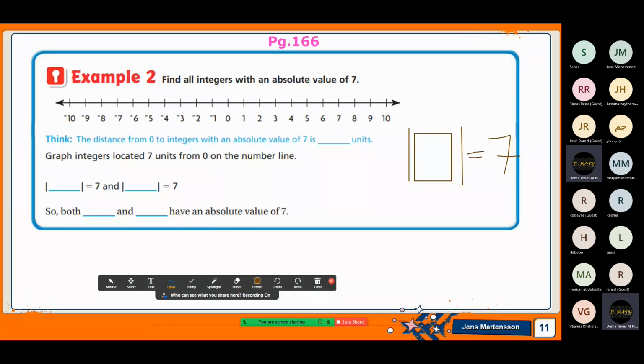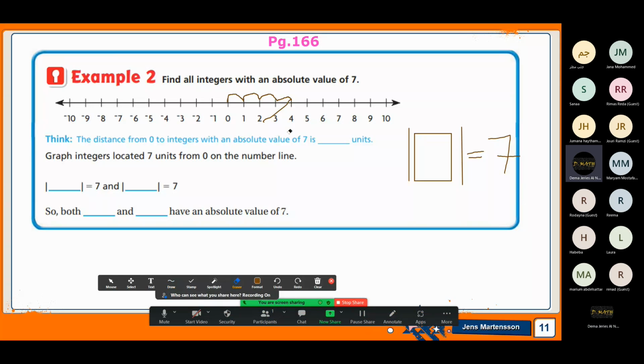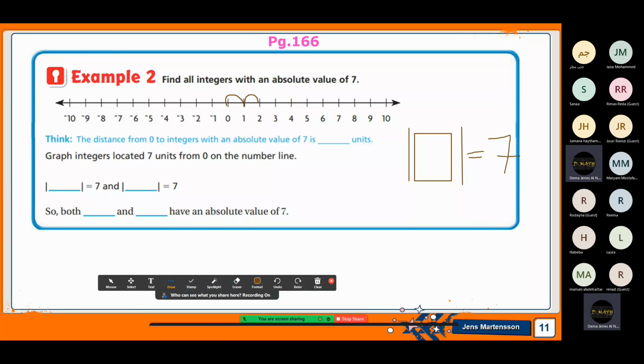Now, before that, what is the meaning of absolute value? How far a number is from 0. Bravo. So at 0, we have 2 directions, to the left and to the right. Now let's go 7 jumps to the right. 1, 2, 3, 4, 5, 6, 7.